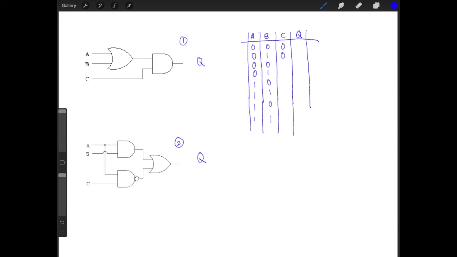In the last column, you just do 2 zeros and 2 ones. So you can see that this represents all the different combinations of inputs for this output.